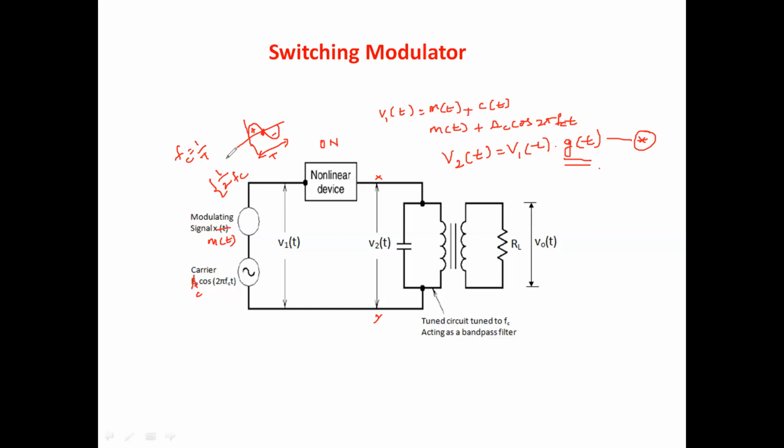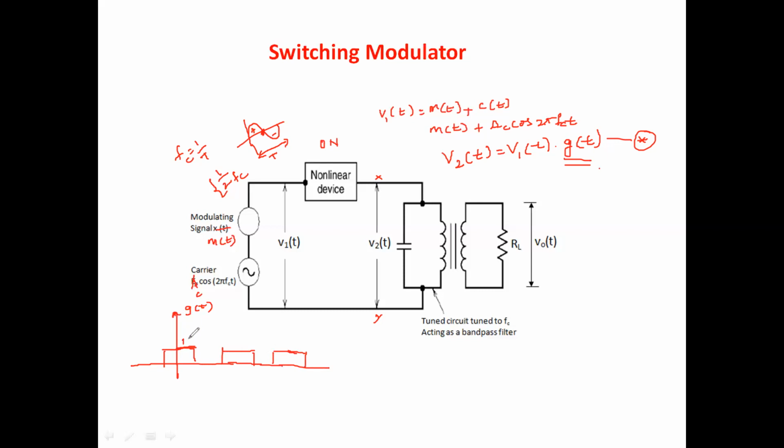So how does this waveform look? Let me take g of t as periodic. Why? Because the carrier is periodic in nature. So this g of t can be written as a rectangular pulse train. This is g of t.